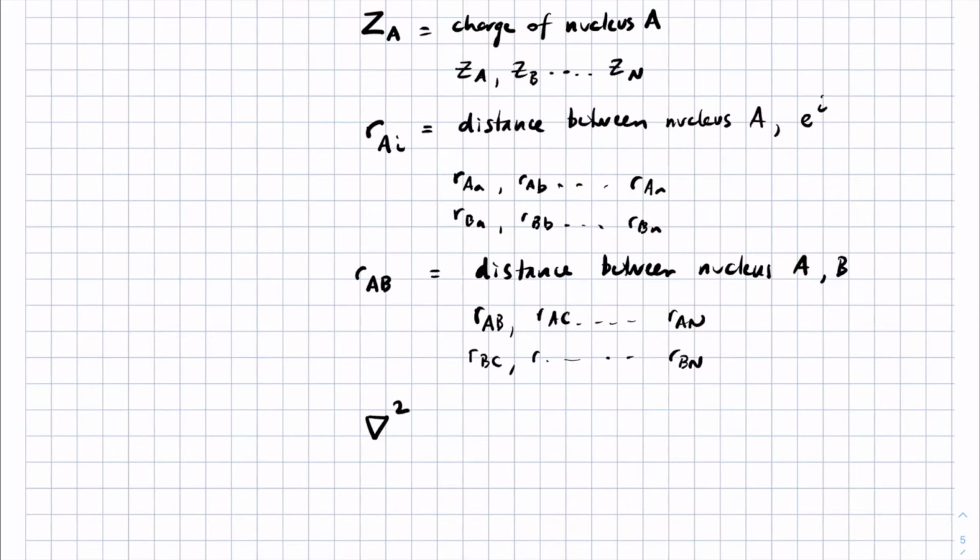The del squared A is going to be the second derivative with respect to x, then y, then z for nucleus A. And we're going to have tons of those for each nucleus. And then the del squared for I is going to be the second derivative of the wave function for electron I. Okay?